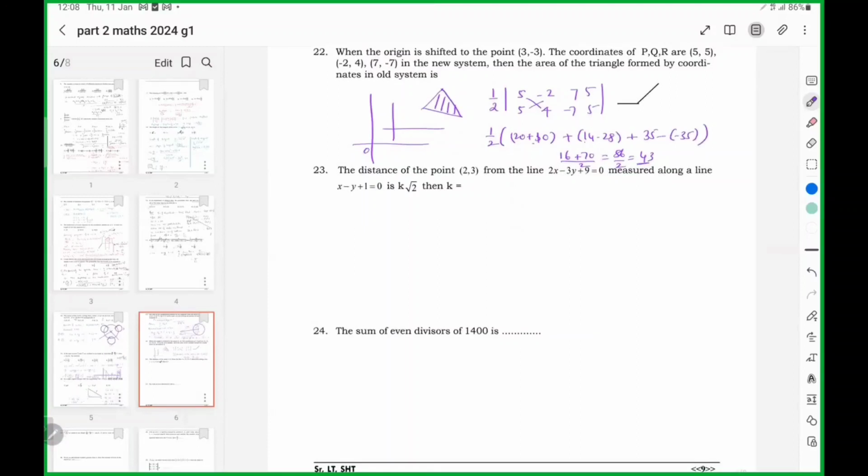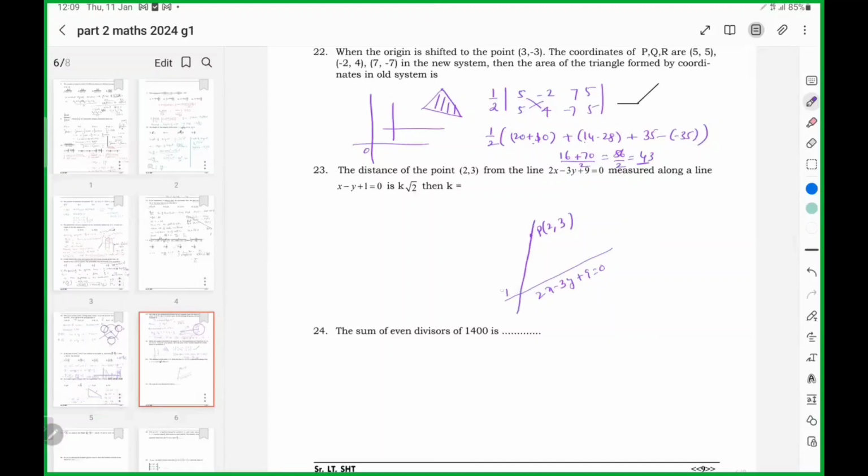So this one, distance from 2, 3 from the line measured along the line. Let us take here one line as 2x minus 3y plus 9 equal to 0. Point as 2 comma 3. But the distance is not perpendicular distance.